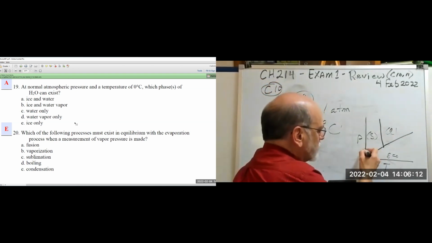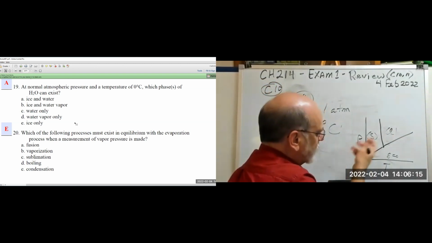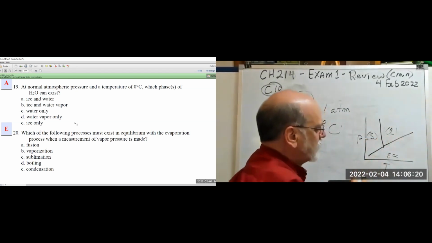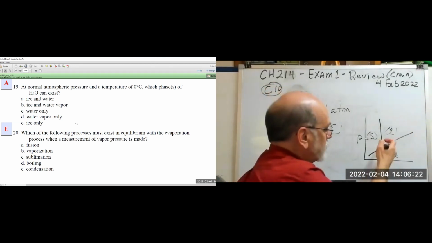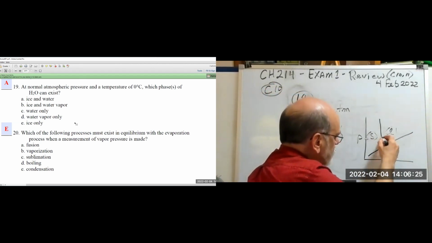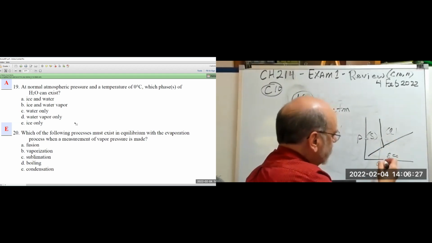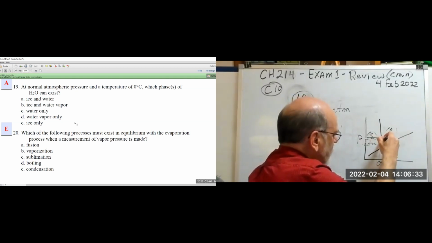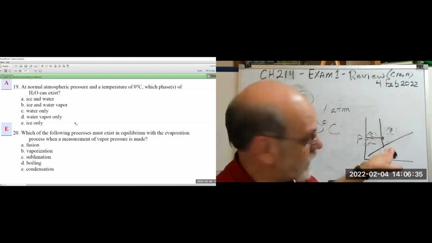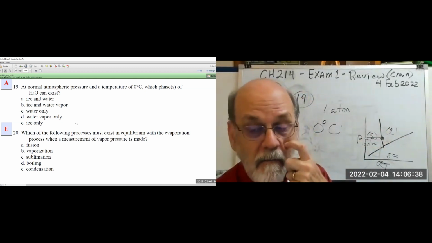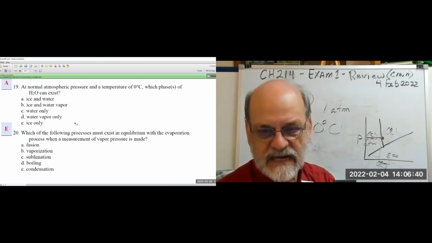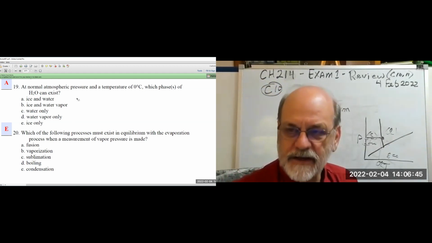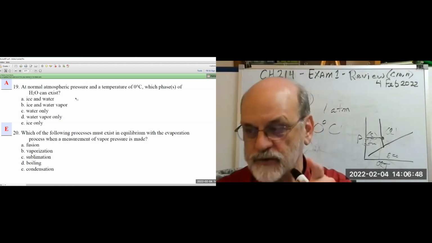So at 1 atmosphere, and I'm not sure where that would be, I think probably up in here somewhere. If we have a solid and a liquid at 0 degrees, right here in 1 atmosphere, on that line, you can have solid and liquid at the same time. That's what that phase line means. So the answer is ice and water can exist at the same time at that temperature and pressure.